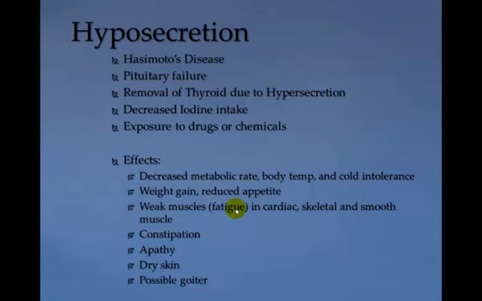Now, these symptoms are not necessarily all going to be manifested in an individual that has a hyposecretion. It relates to the cause of the hyposecretion and the state of the disease. So somebody who's early in the hyposecretion may find that they're gaining a little bit of weight and that they're a little bit cold, but they may not be having the cognitive issues, for example.